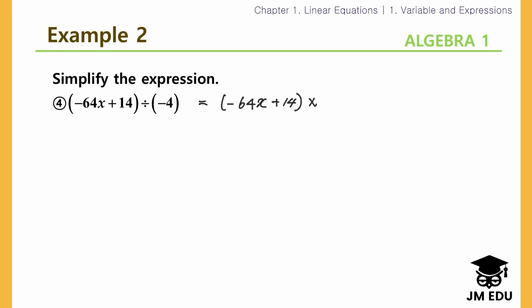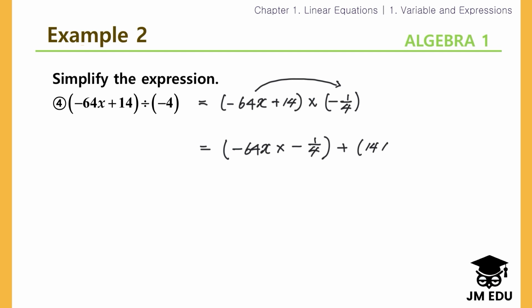So negative 4 becomes negative 1 over 4, right? So that is equal to negative 64x times negative 1 over 4, plus 14 times negative 1 over 4, right?